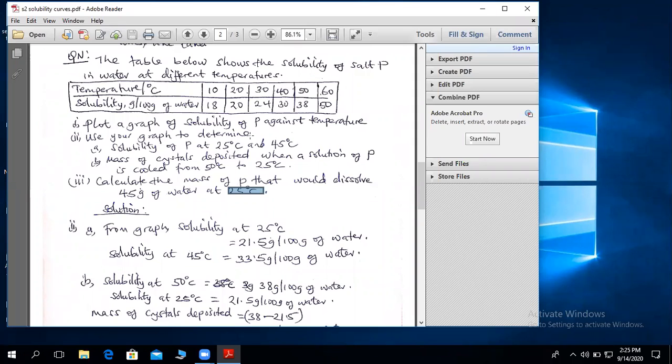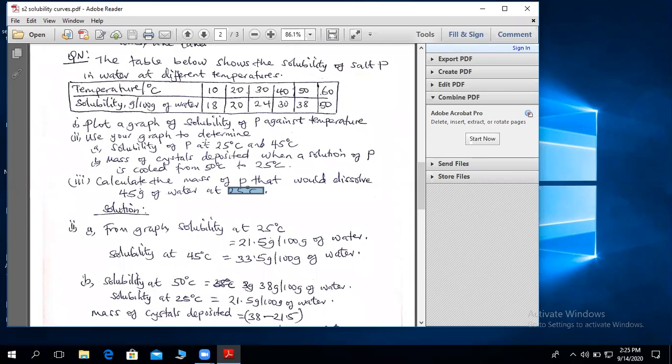So when the question says determine the solubility of P at 25, remember your graph is for solubility against temperature. So you look for the solubility that tallies with that temperature, the solubility that is in line with that temperature.